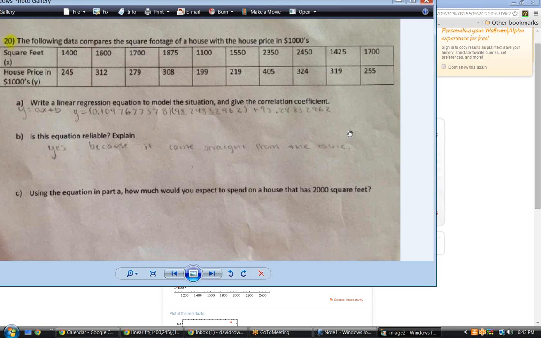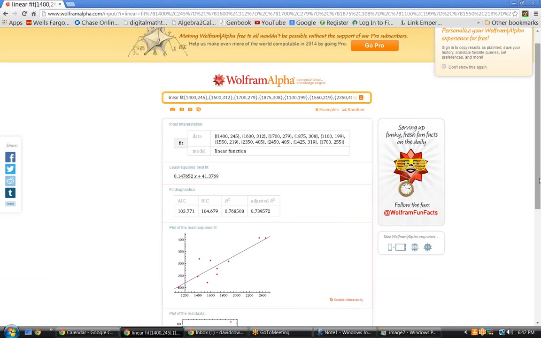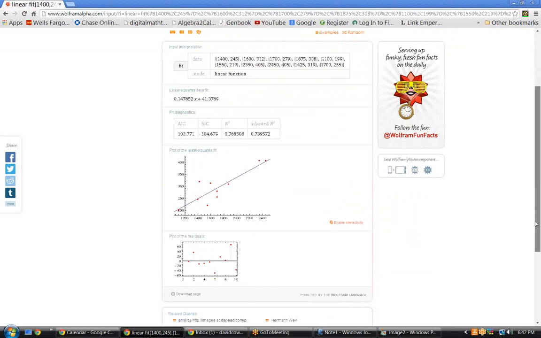Once you get those two lists in there, then you're going to request that your calculator do a linear regression of those two lists. This is what you get when you do that.